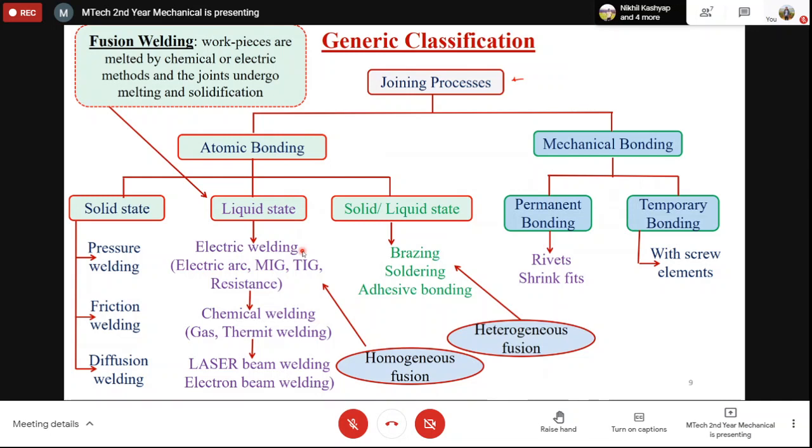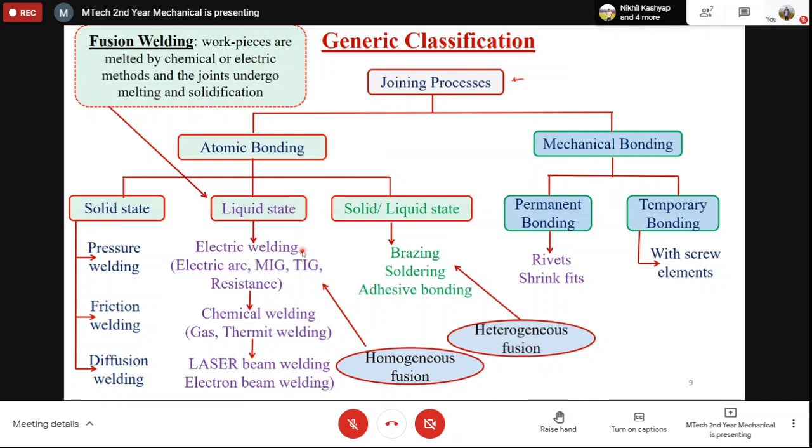Okay, so you can apply electrical energy, or you can apply chemical energy. In chemical energy, you can use the chemical energy of gases, such as oxyacetylene gas welding. You can burn the acetylene with oxygen and produce a flame, and that flame will be used to weld the material.